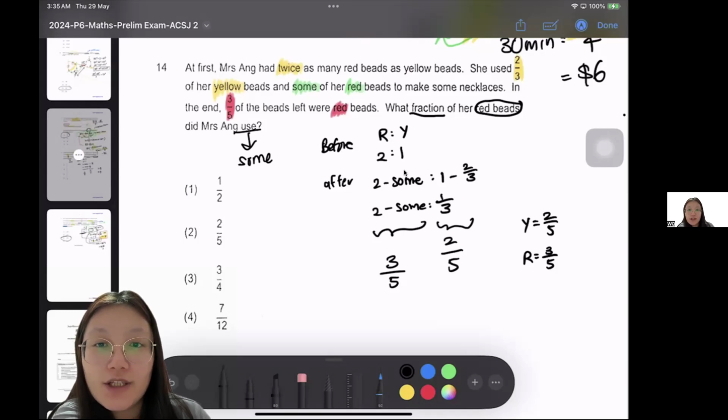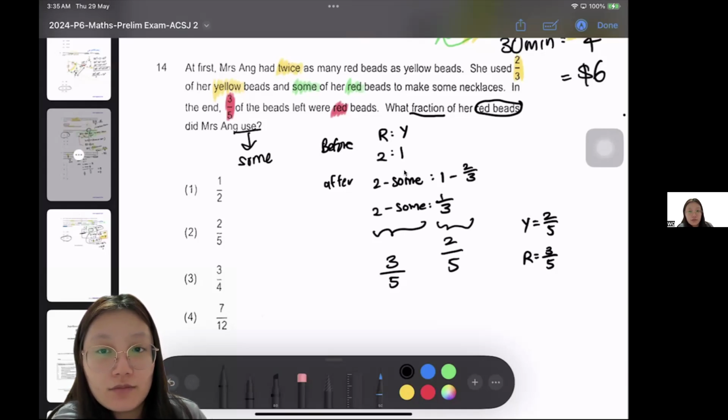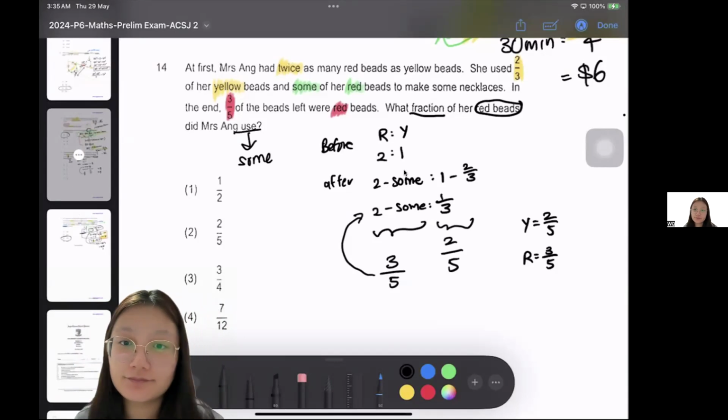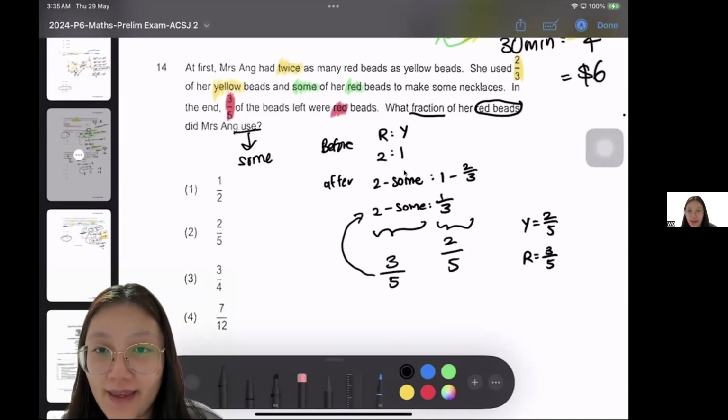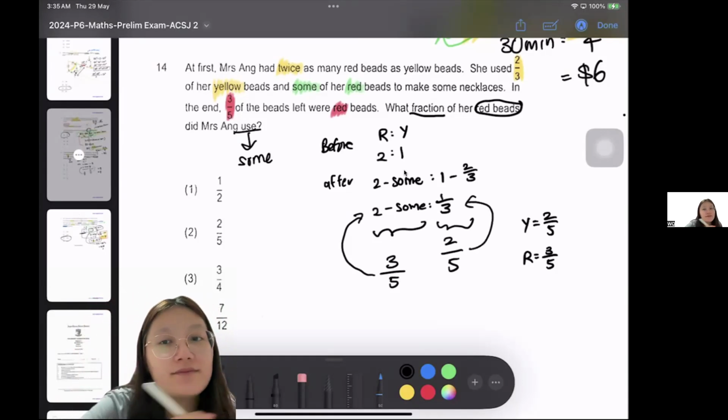You need to find the ratio when you are comparing it to each other. So basically, what you need to do is you need to match this to this.